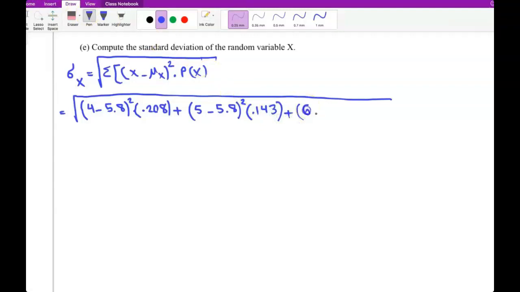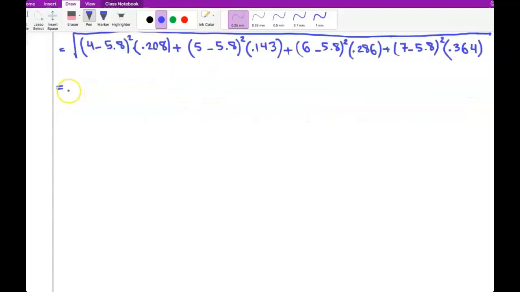Then plus 6 minus 5.8 squared times, we have 0.286, then plus 7 minus 5.8 squared times p of x for this part is 0.364.